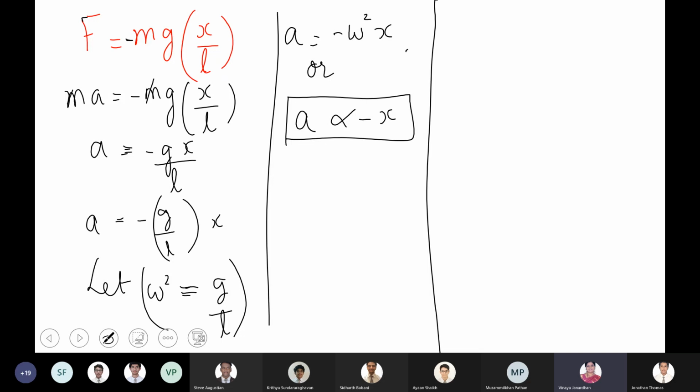There are two conditions for simple harmonic motion. Your restoring force should be proportional to negative of your displacement, or the acceleration should be proportional to negative of your displacement. Hence, the motion is simple harmonic in nature. SHM.